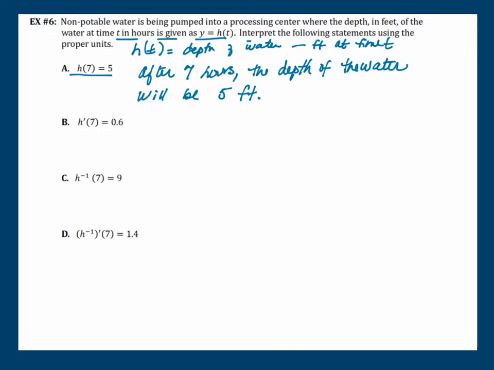All right, now this is a derivative. And so it's saying the rate of change of the depth.